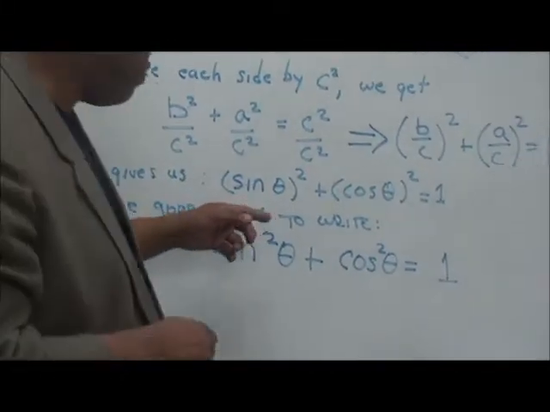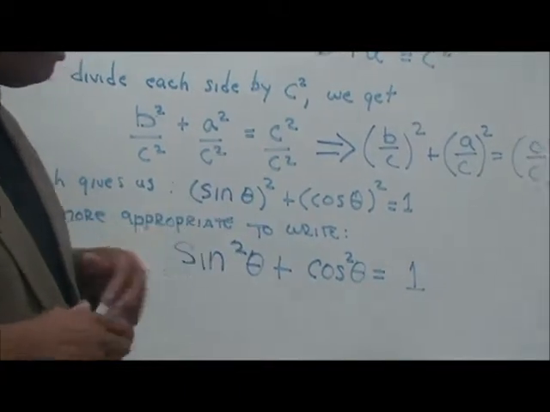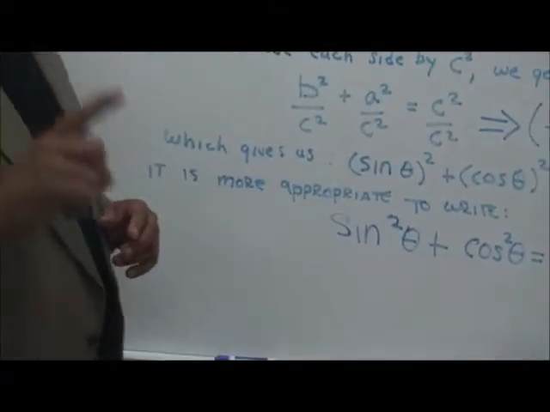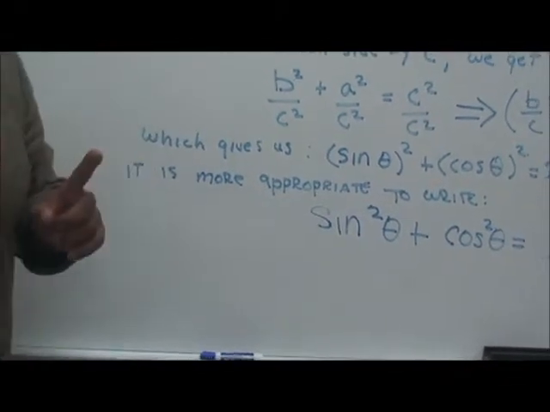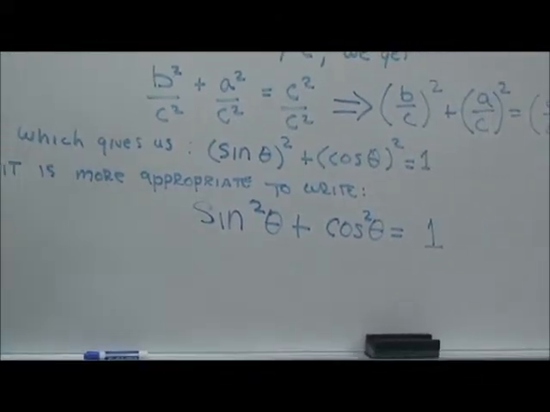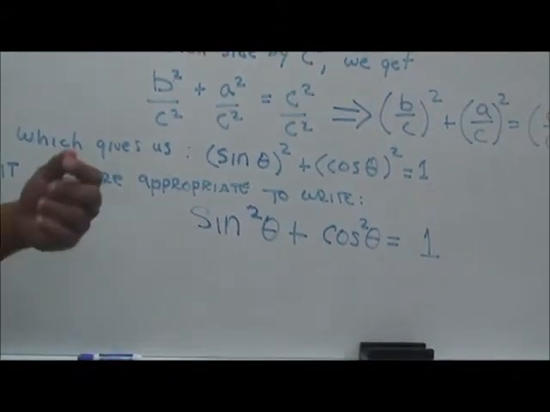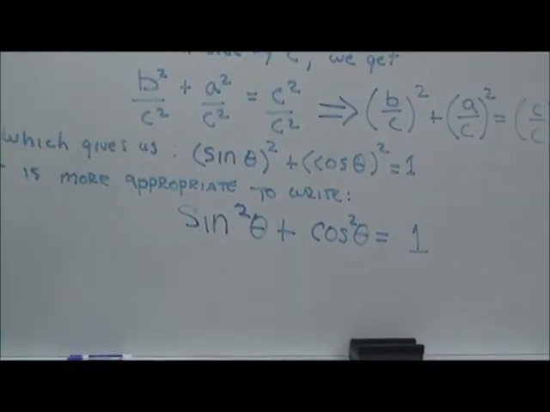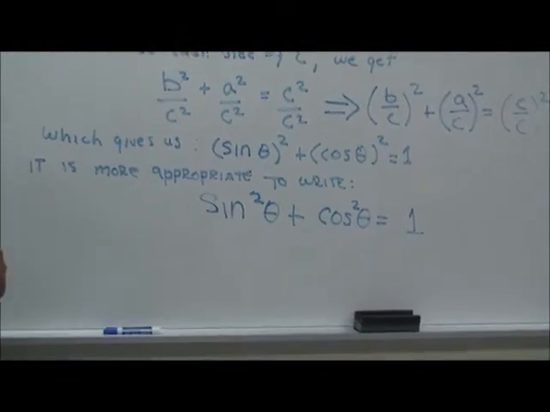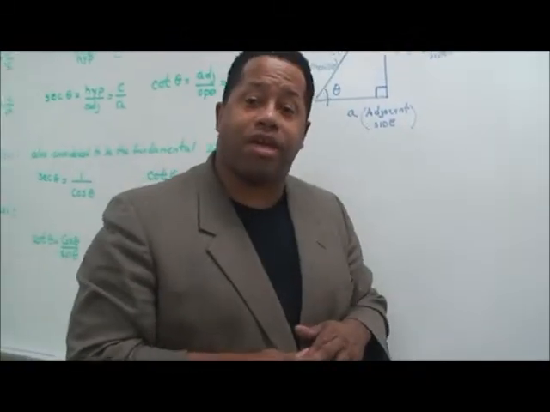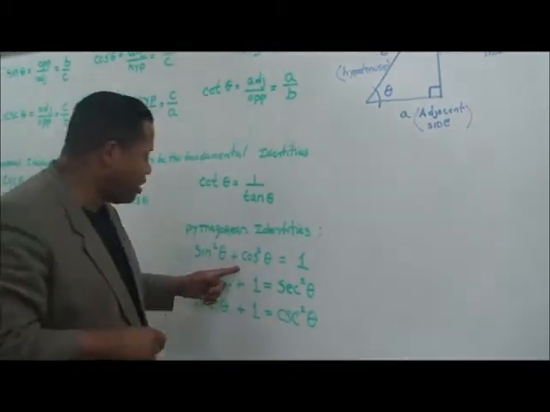This in turn gives you sine theta squared plus cosine theta squared is equal to 1. But it's always more appropriate to write it as sine squared theta plus cosine squared theta is equal to 1. This is one of your Pythagorean Theorem identities, which is stated right here.